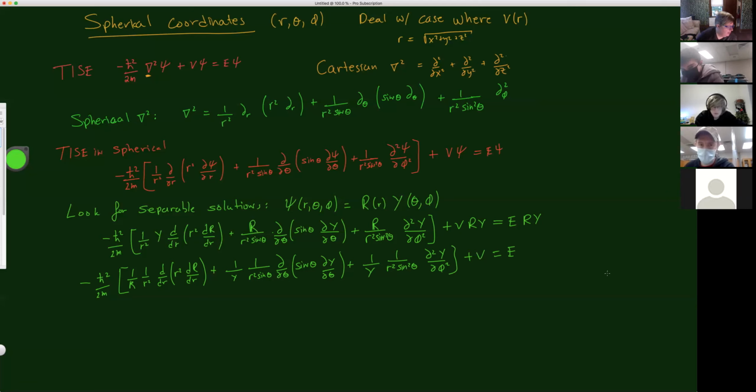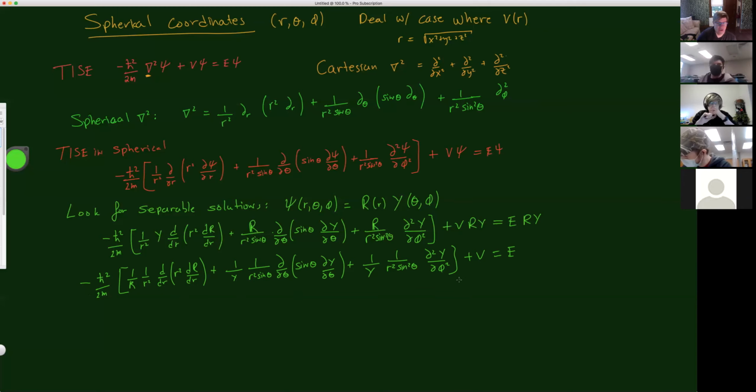Okay. All right, now I'm trying to think what we want to do. I want to get rid of these constants everywhere, so I'm going to pull them over onto the E and V. So these constants are going to be pulled onto the E and the V because I'm tired of them in this big bracket.